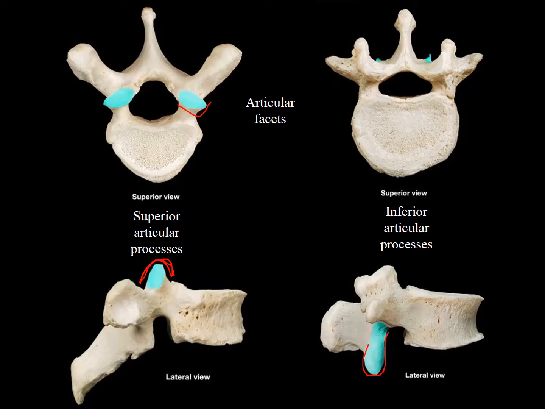The thoracic vertebra also has an inferior articular process, but it's kind of hidden by the actual spinous process here. On this view, we can also see the spinous process for the lumbar vertebra and the spinous process for the thoracic vertebra. On the lumbar vertebra, we can see the superior articular process peeking out over here as well as coming up at us here and here.